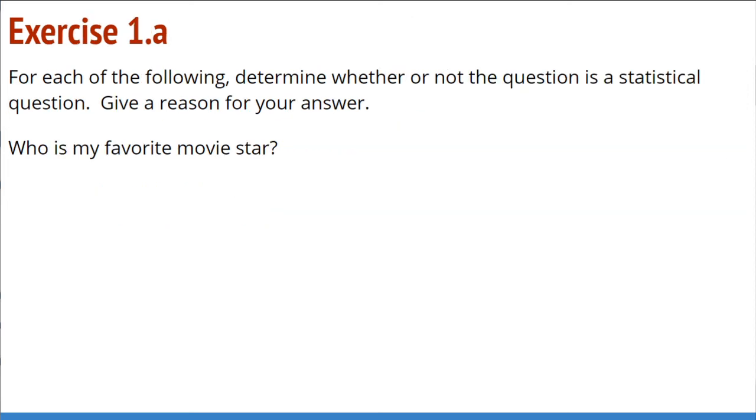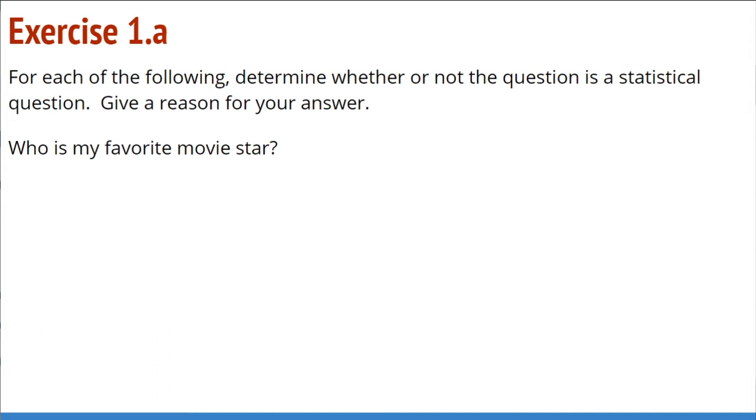All right, a quick look at just a couple of exercises. For each of the following, determine whether or not the question is a statistical question and give a reason for your answer. So I would pause the video before each of these questions and I would try to answer it and then compare your thinking with my thinking. Who is my favorite movie star?